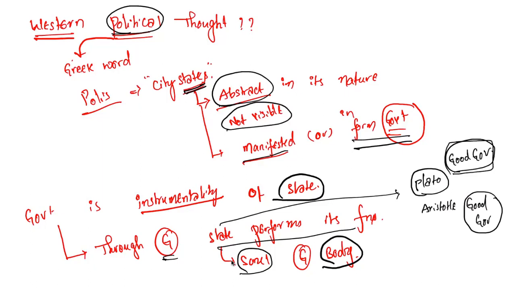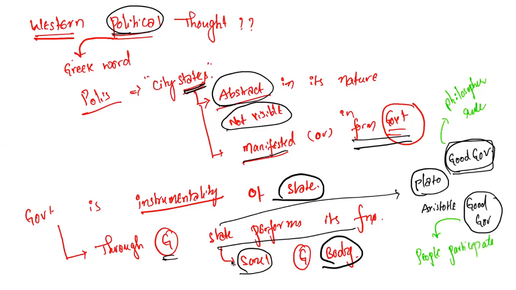And Plato said good governance can be achieved only through the concept of philosophers. Only when philosopher rules, there will be good governance. Whereas Aristotle said state performs good governance when people participate in the state.